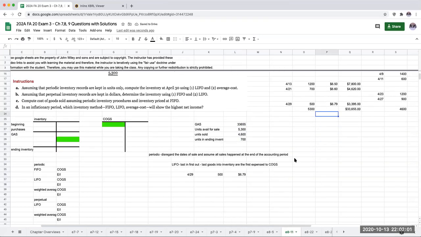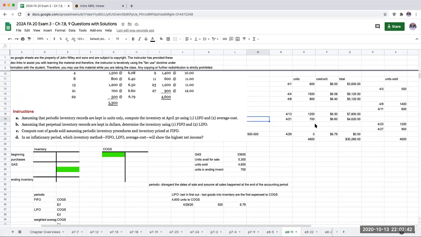Once I take this 500 to cost of goods sold, this goes down to 0. I'm not done because I need 4,600 units and I only have 500 so far.